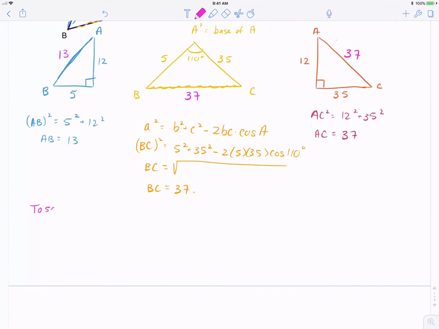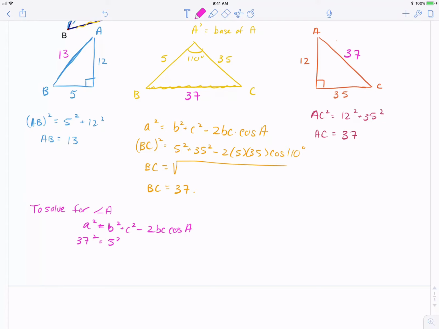Okay. To solve for angle A, we have A squared equals B squared plus C squared minus 2BC cos of angle A. Now I have my side lengths.